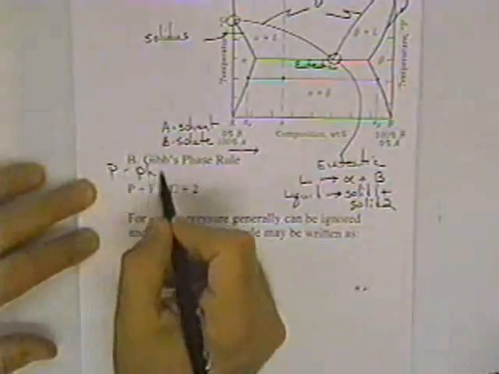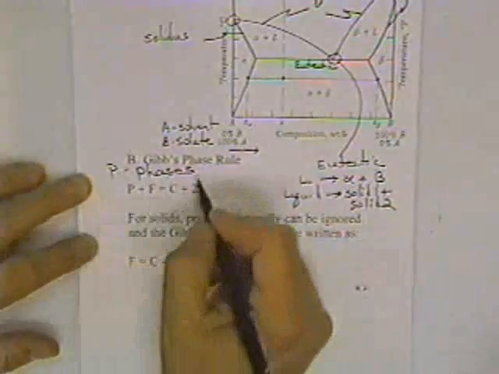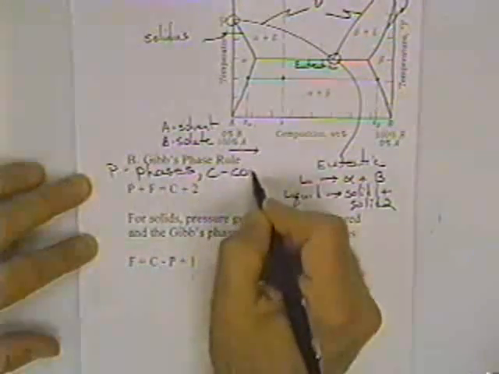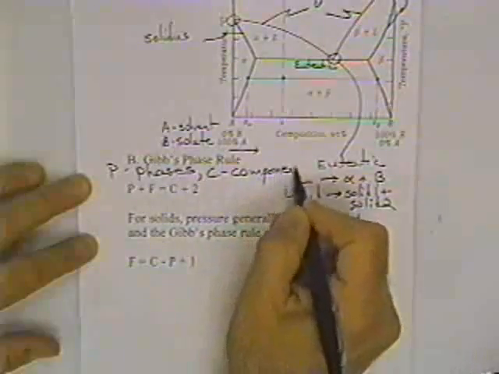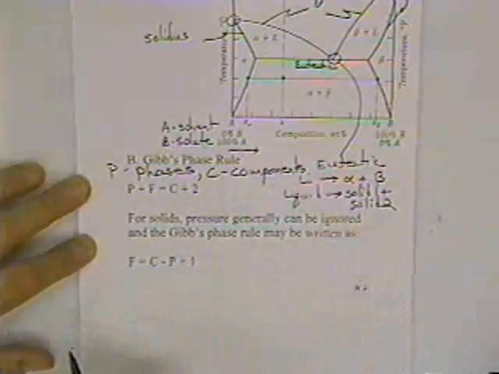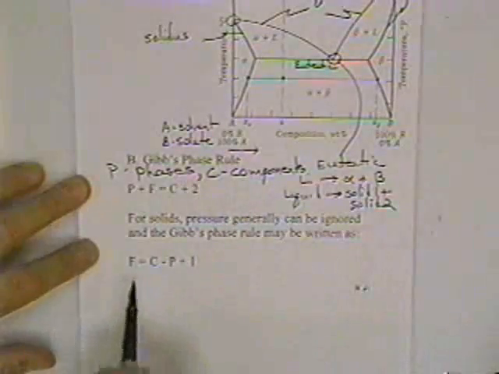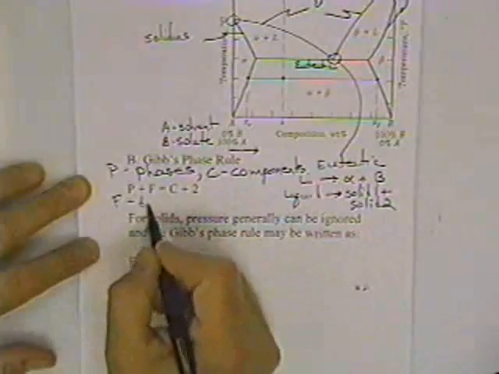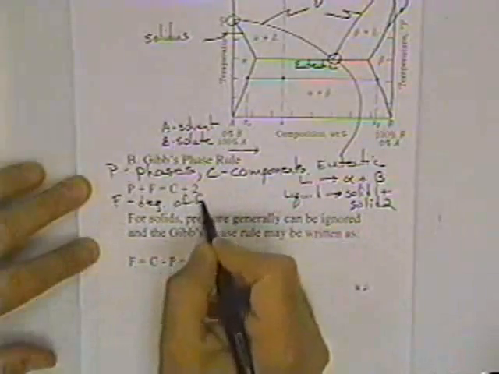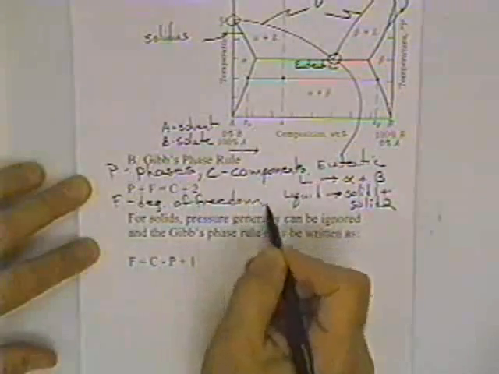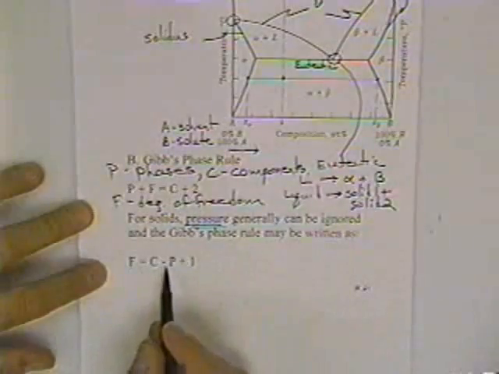So P is the phases, C are the components. That's usually the minimum number of elements that are required to specify the system. Phase is a homogeneous distinct region. And F is the degrees of freedom.